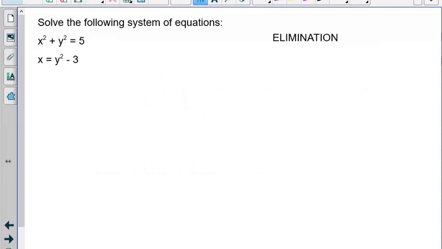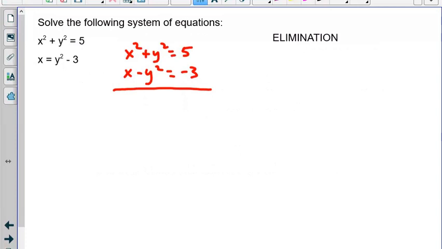So if we want to solve this one by elimination, what we would probably do is subtract y squared from both sides. And then clearly, when you use elimination, like you have in many other systems problems, the y squareds are going to be eliminated.